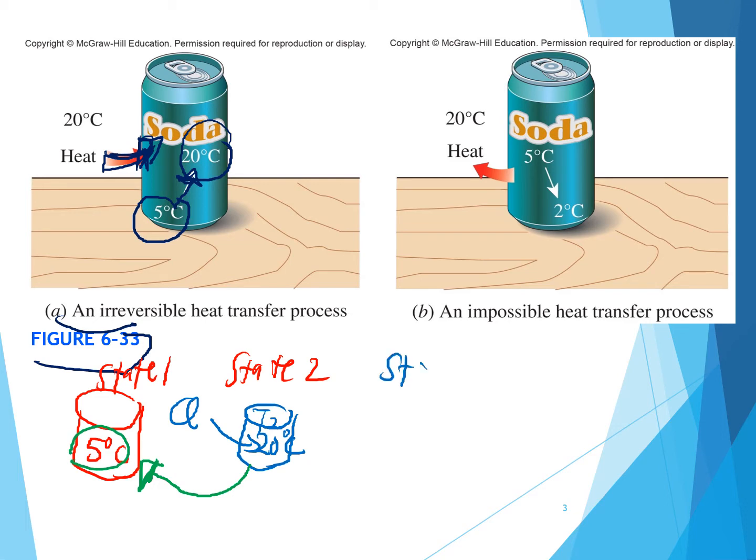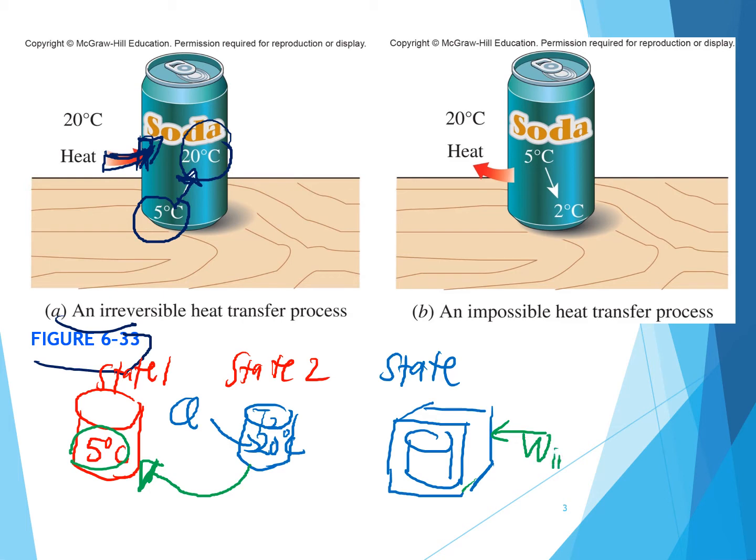We know that we can do this by providing refrigeration, where we put the soda in the refrigerator. So this is the refrigerator, but you need to supply some amount of work to the refrigerator. So eventually the temperature of soda will drop to 5 degrees C.